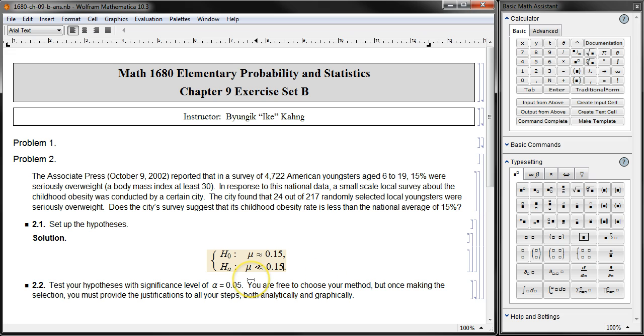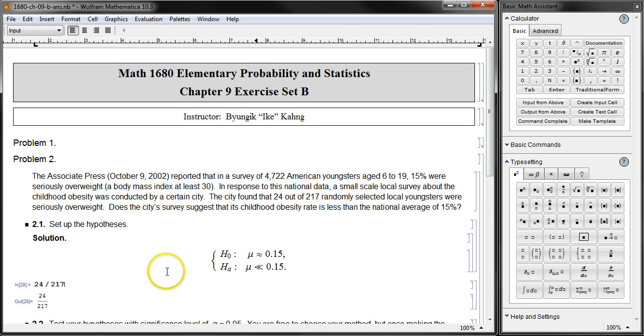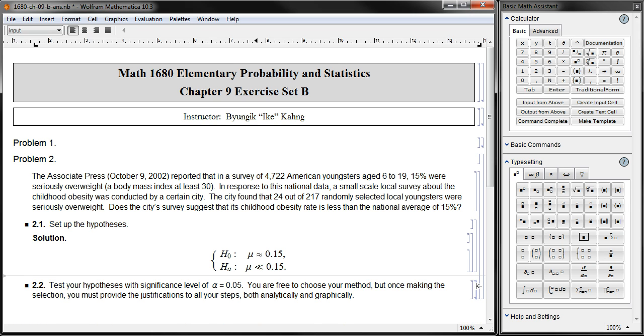This is another indicator too: 24 out of 217 randomly selected local youngsters. What do you get? That is 0.11, so 11% or so, according to the city's random sampling. And that's less than 15%. So that's another indicator that the alternative hypothesis points this way, not the other way around.